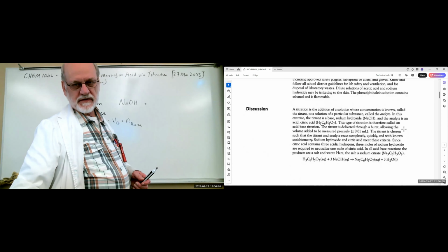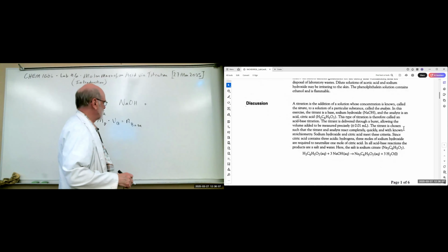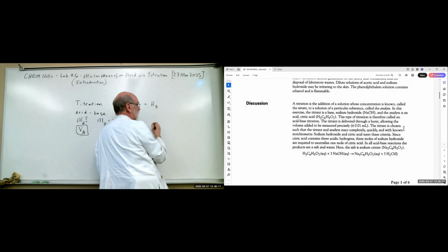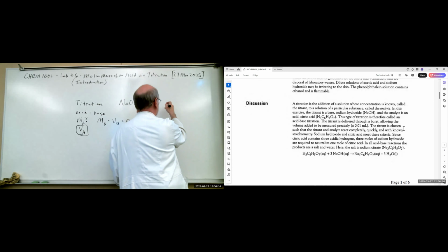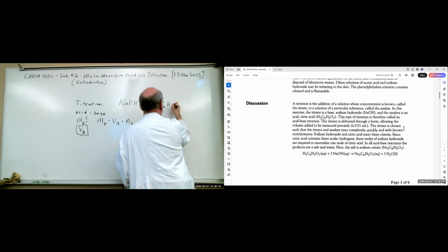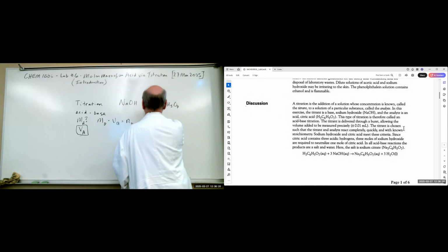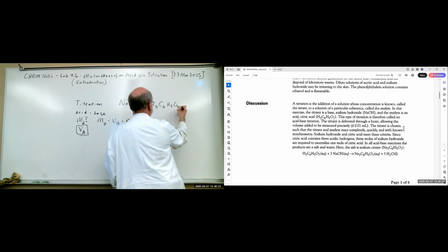So as part of the discussion, this is the acid. It has actually 3 protons per molecule for citric acid. And these are aqueous, of course.